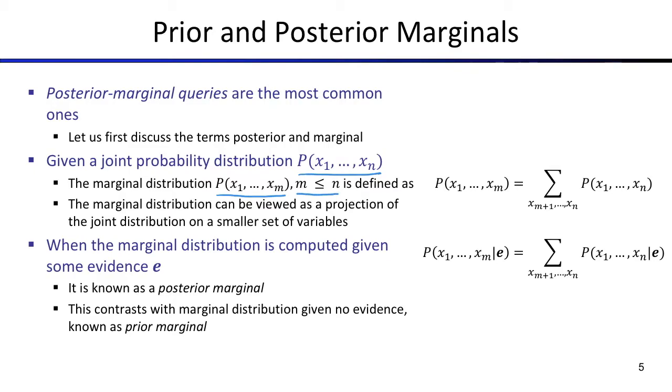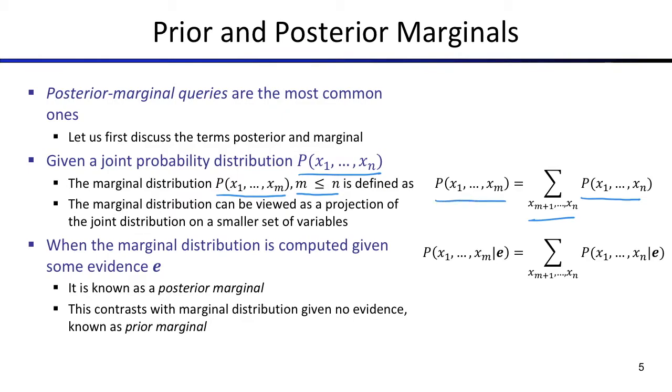What we do here, and we haven't seen this process before, we call marginalization. We can take our full joint distribution and eliminate some variables by doing a summation process. So we marginalize out a few variables, and we end up with m variables.